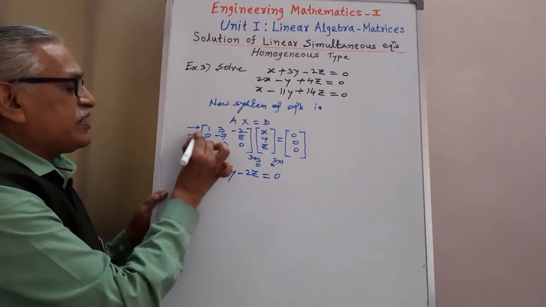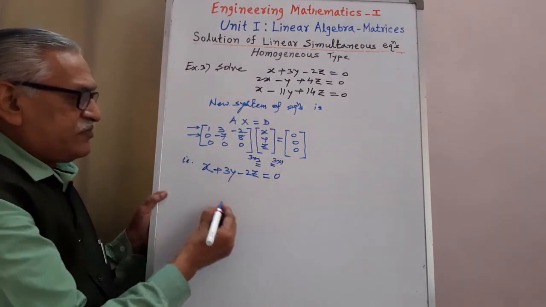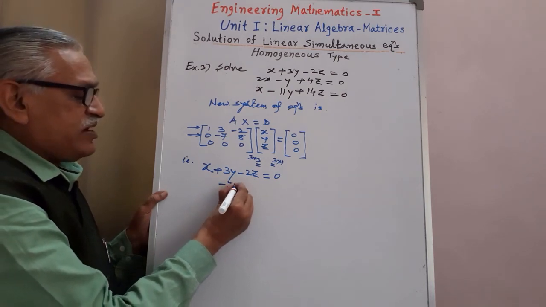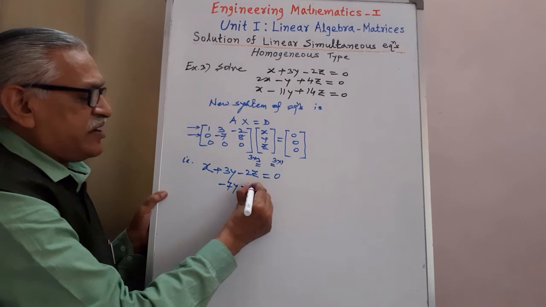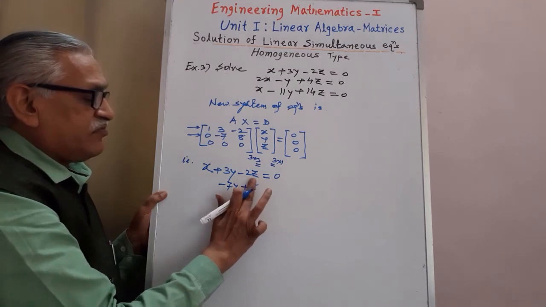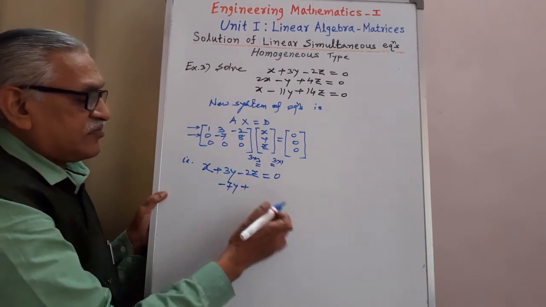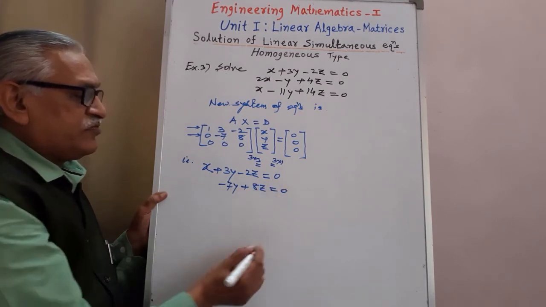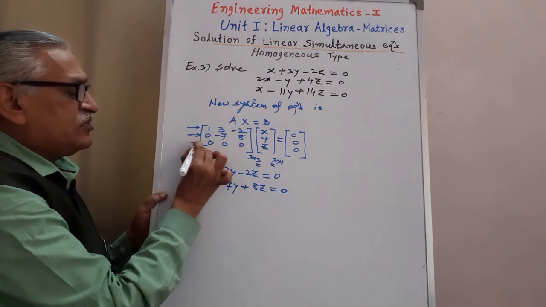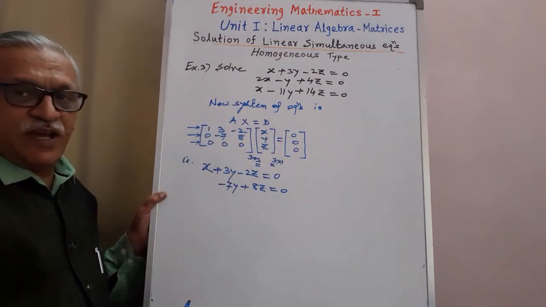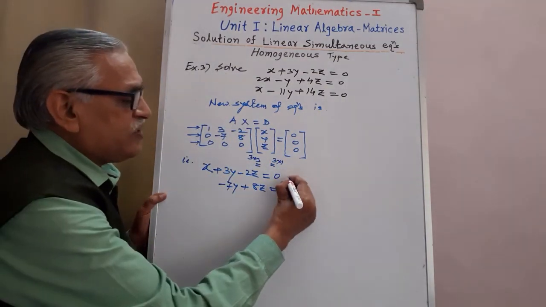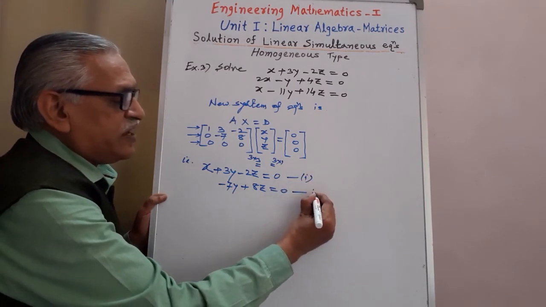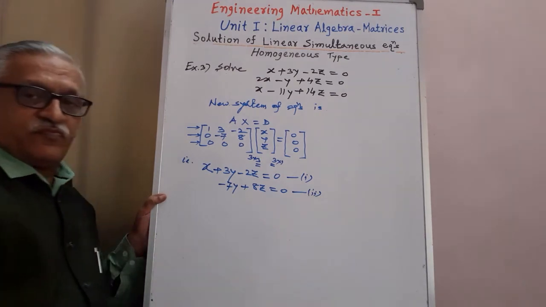Second equation, by multiplying this row to that column, we get 0x minus 7y plus 8z equals 0, and then by third row we get 0x plus 0y plus 0z equals 0. Means we have only two equations. We call the first one equation 1 and the second one equation 2.